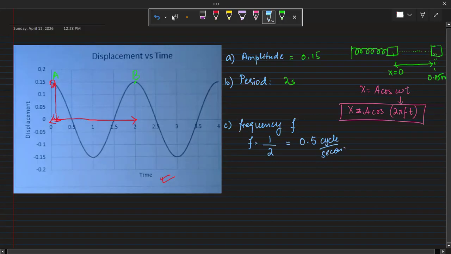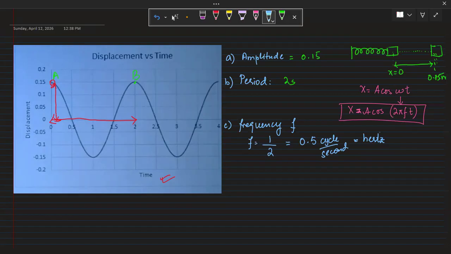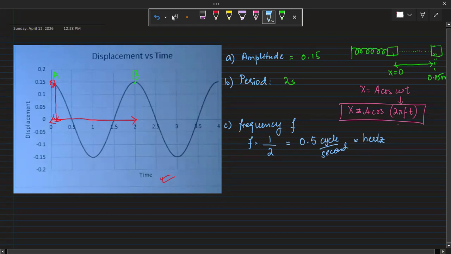Either you call it cycle per second or you can call it hertz. If I use cycle per second, it's also permitted, right? And hertz can also be used. Is it preferred to use cycle per second or hertz? Actually, the SI system says it's hertz, right?